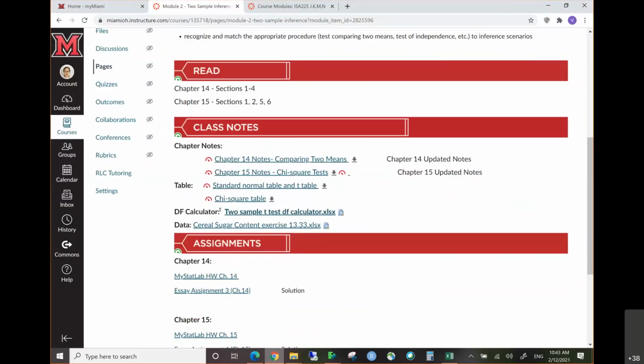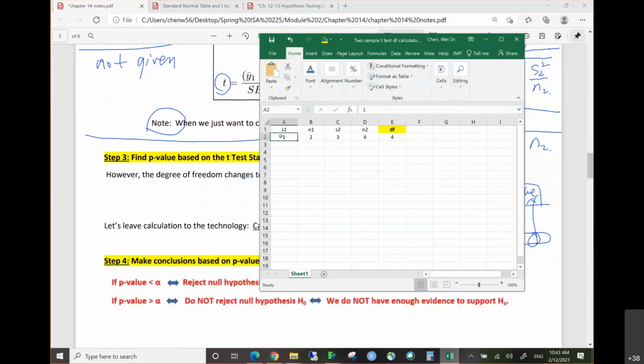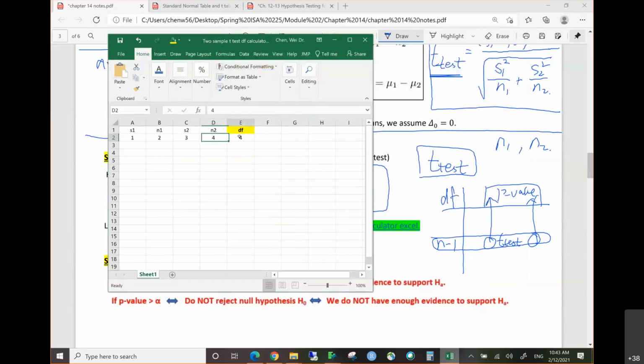I just created a function in Excel so that you just need to enter the sample standard deviation 1, the sample size 1, sample standard deviation 2, and the sample size 2, and then the degree of freedom will be calculated for you.